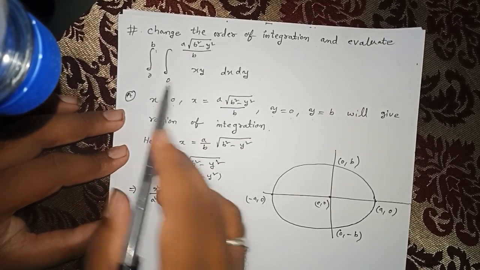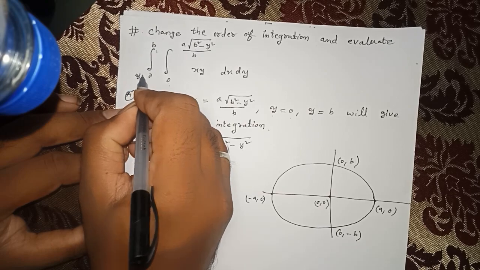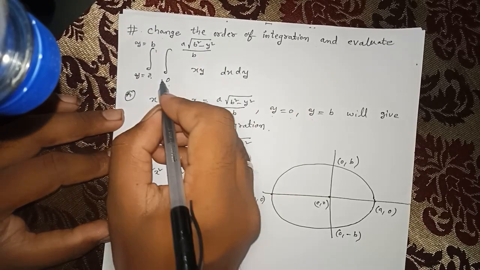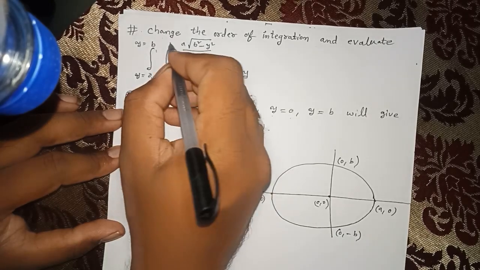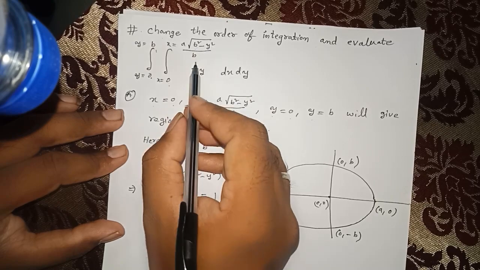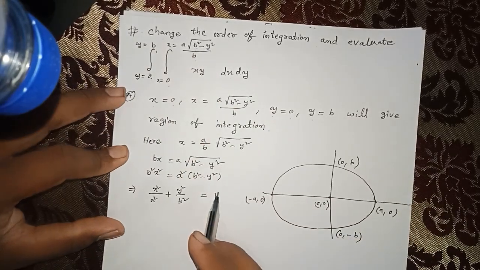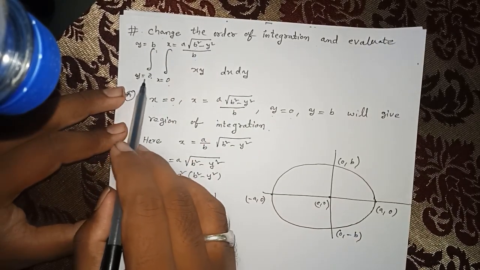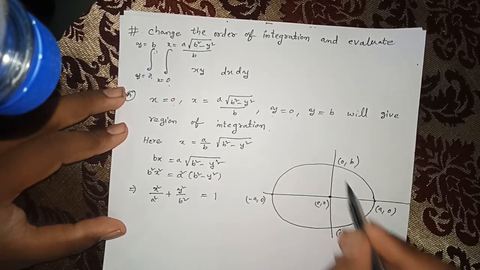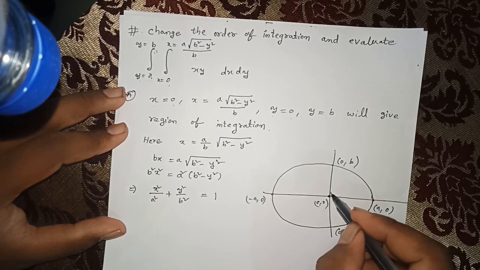In the given problem, y is moving from 0 to b, and x is moving from 0 to a into root of b square minus y square by b.